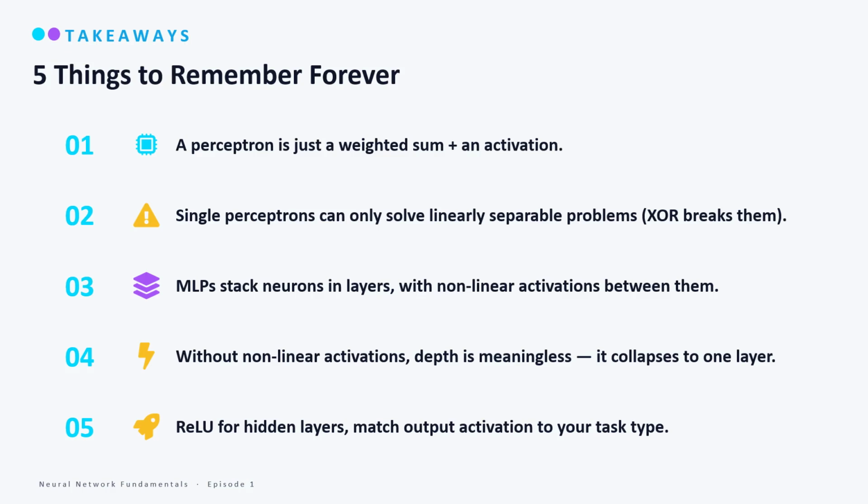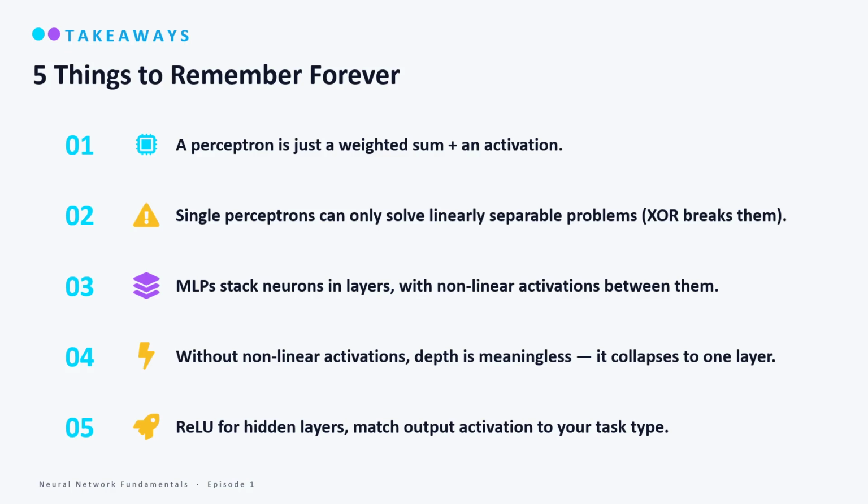Alright, let us lock this in. 5 things to remember forever. 1. A perceptron is just a weighted sum plus an activation. That is the atom of AI. 2. A single perceptron can only solve linearly separable problems. XOR breaks it. 3.